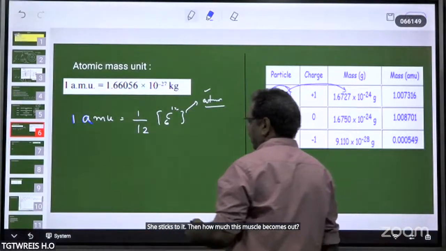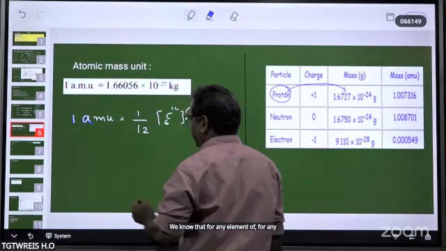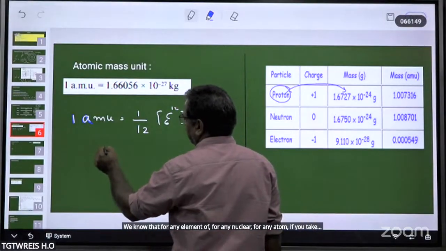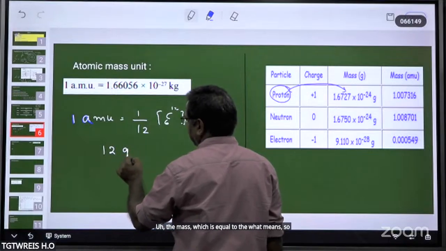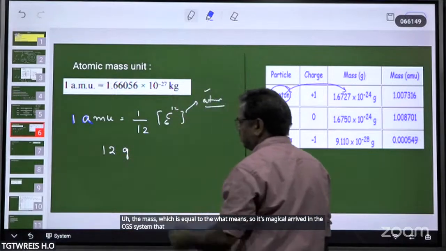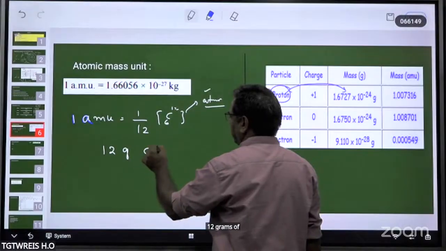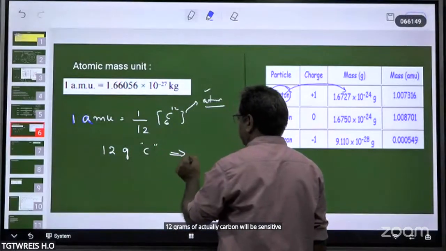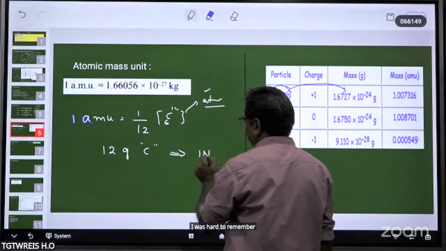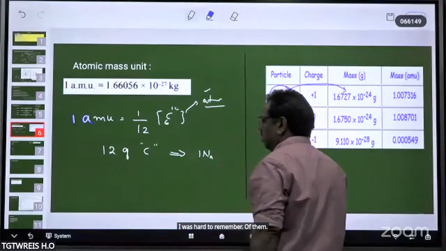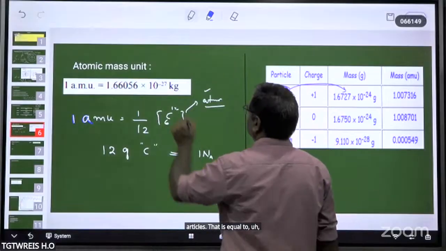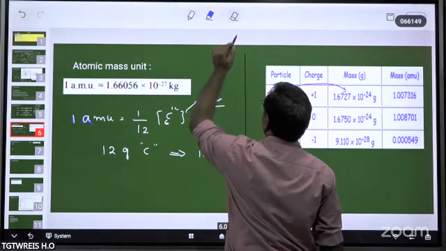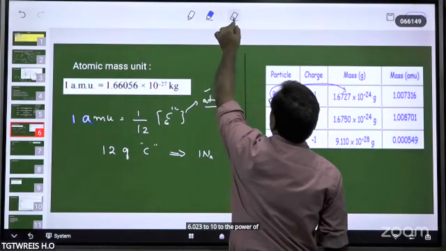We know that for any element, any nucleus or any atom, if you take the mass equal to its molecular weight in the CGS system, that is 12 grams, 12 grams of carbon will consist of Avogadro number of atoms, that is 6.023 into 10 to the power of 23.